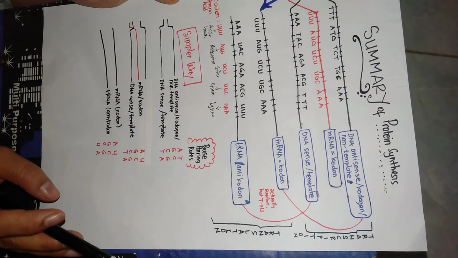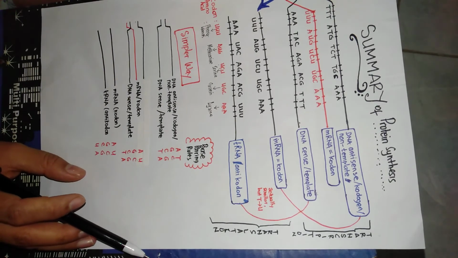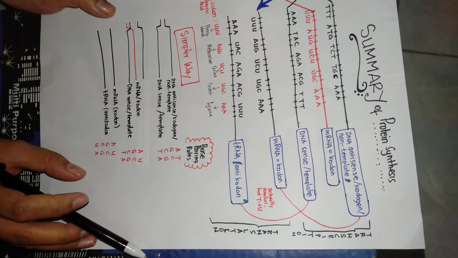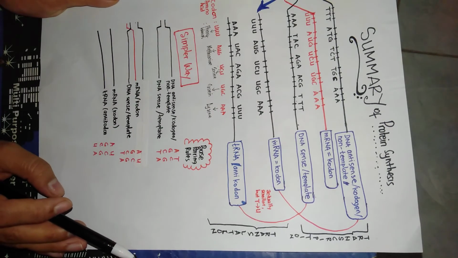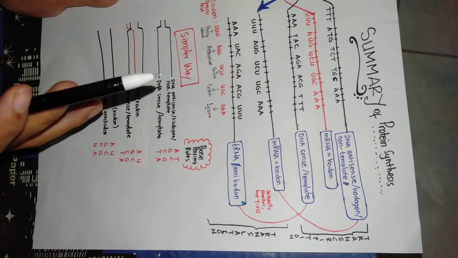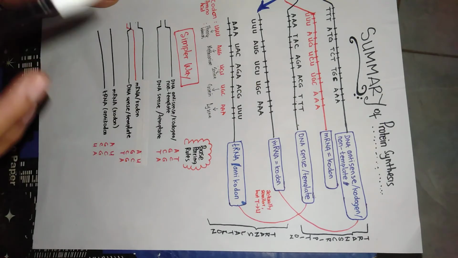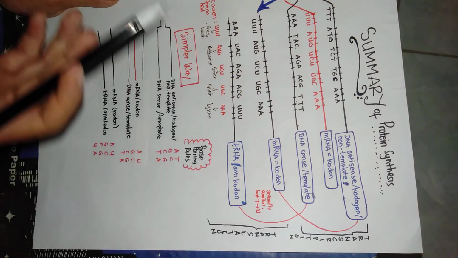And then the last step is the formation of amino acids. Why amino acids? Because protein is composed of many amino acids.